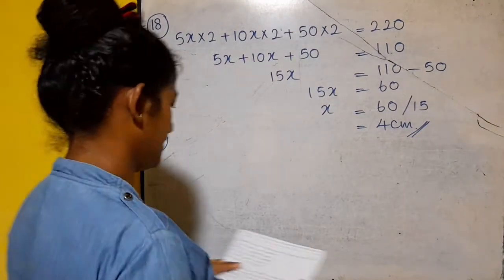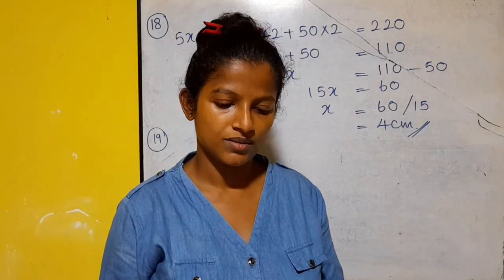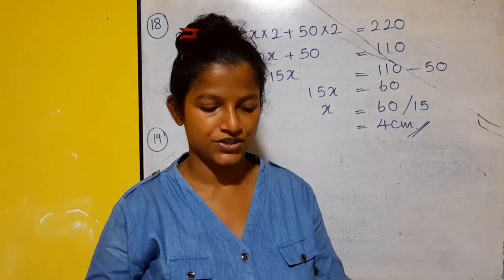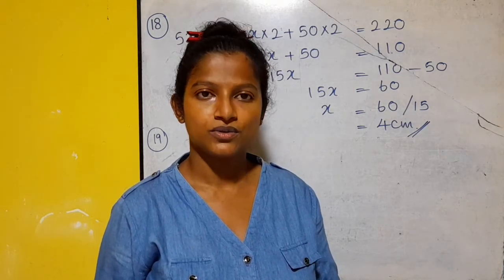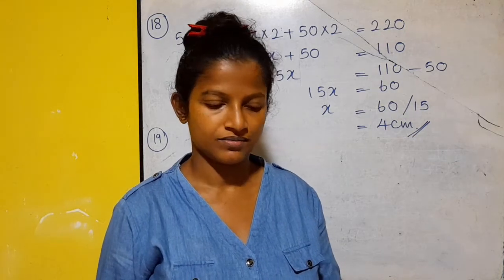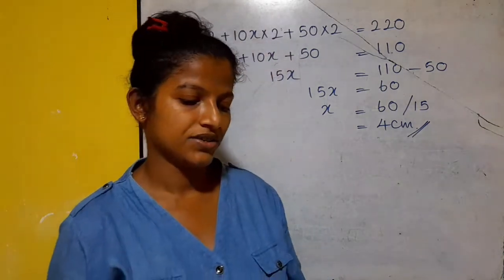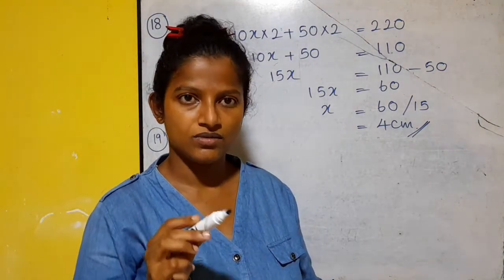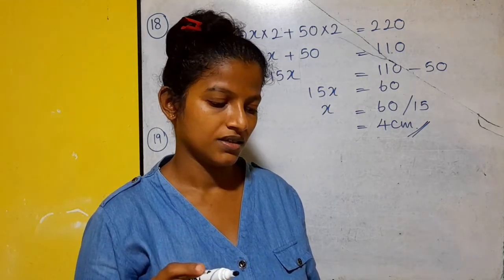Question number 19. Underline the answer which includes the polygons that can be used to create tessellations. For tessellations, you can't use a regular pentagon because in a tessellation, the sum of the angles around the vertex point should be 360 degrees.